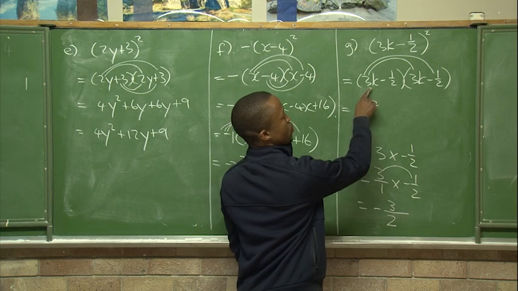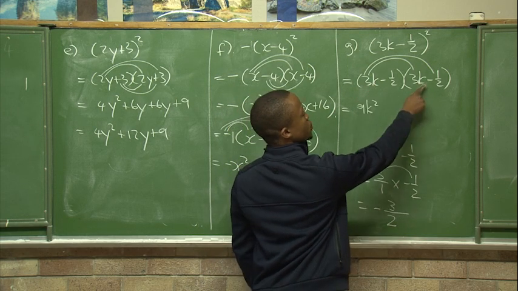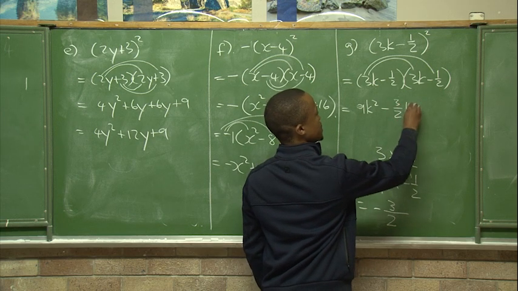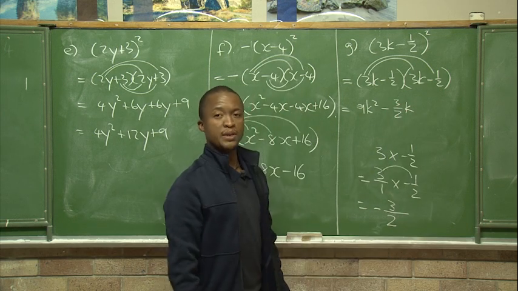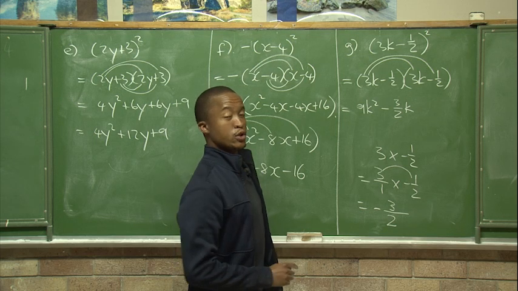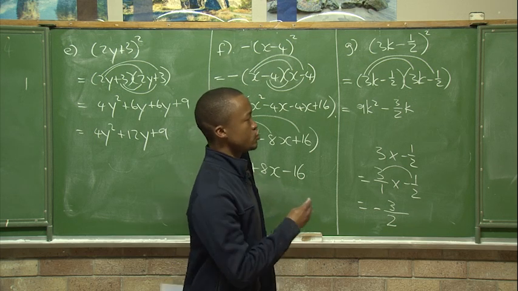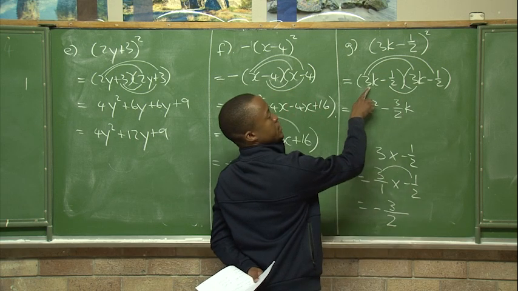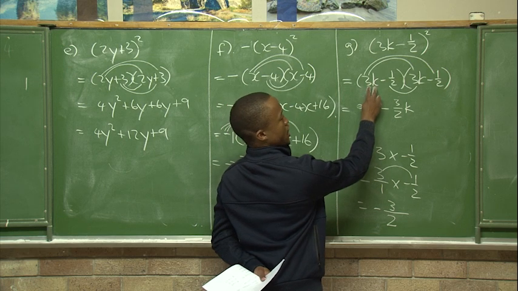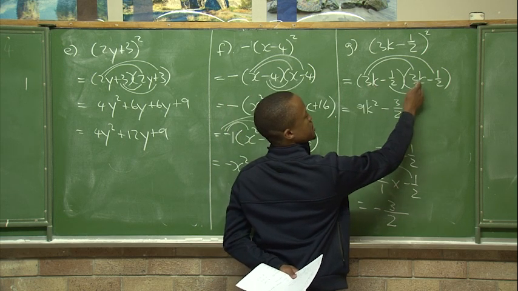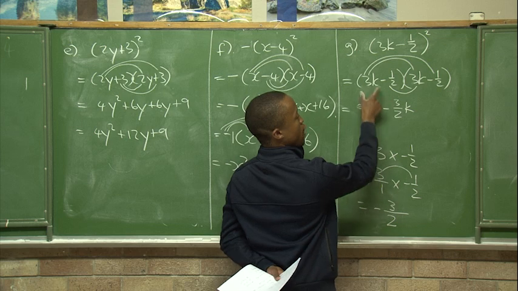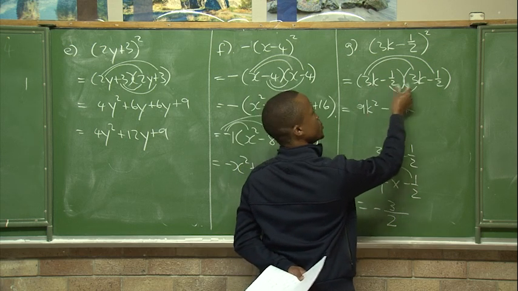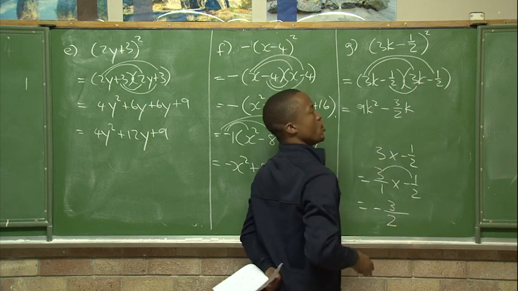So that is what we have. What happens when we multiply 3k with -1/2? We'll have -3 over 2k. So be aware when we multiply two fractions, we multiply numerator and numerator, and denominator and denominator. We still do the same. Now that we are done multiplying 3k with each term in the second bracket, that's what we have. Once you've done that, now go to the second term of the first bracket and do the same. You multiply it with each term of the second bracket.